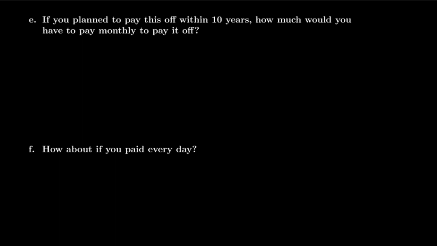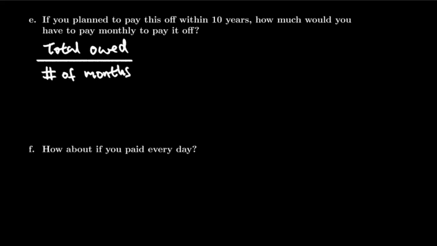So let's think. What are we going to do to do this? So what we need is to get a total amount, right? So how much is going to be owed after 10 years, and then we can divide that into however many months it's going to be. So think of it as total owed divided by number of months.